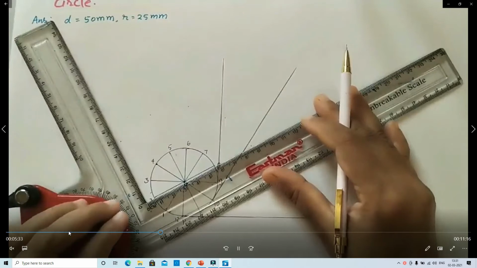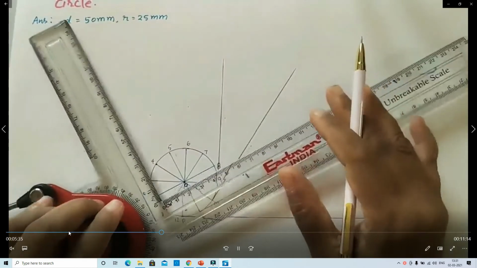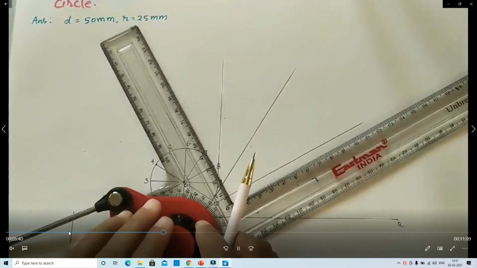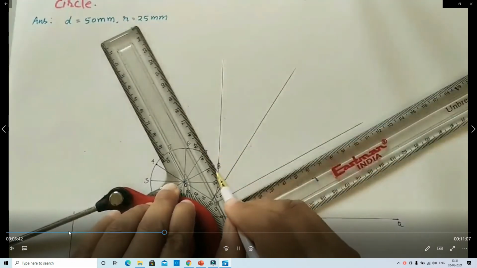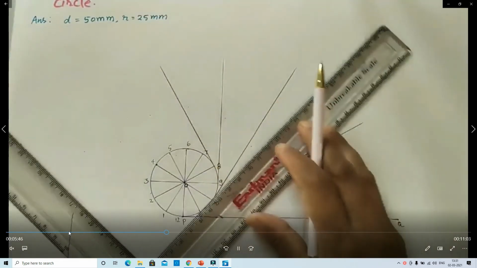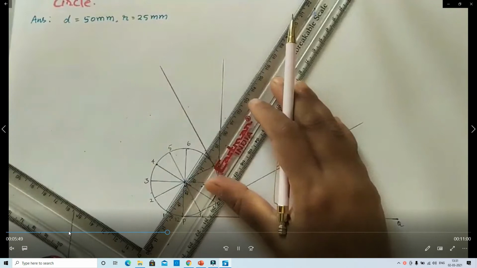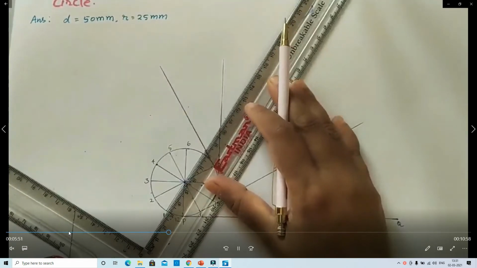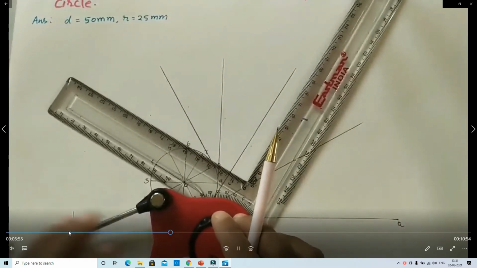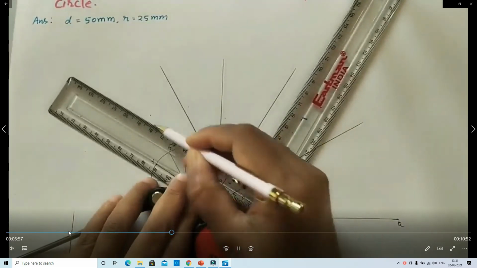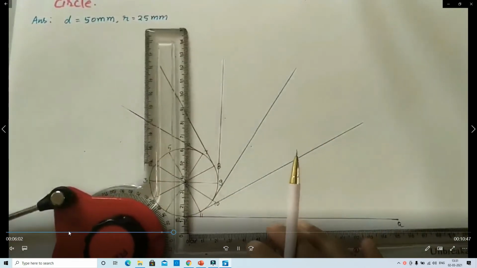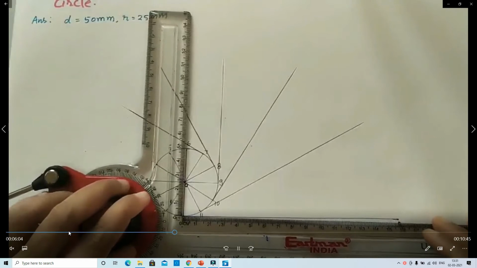Where the circle intersects the point on that horizontal line, that point and circle give the tangent. Here 7, now we need to draw the 7, then 5, after 6.